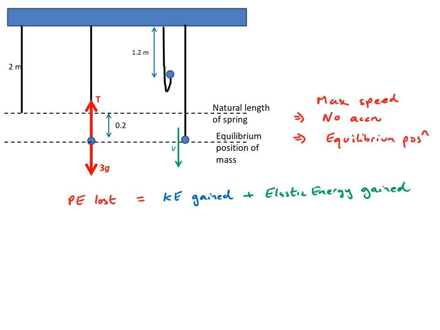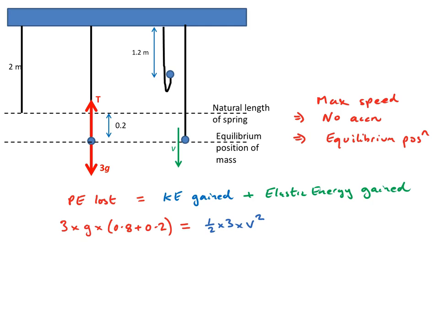So we've got the KE gained together with the elastic energy gained. The potential energy that we've lost is mgh, so that is 3, the mass of the particle, times g, times the 1 meter that the particle has fallen through. The kinetic energy gained is a half mv squared, so that's a half times 3 times v squared. And the elastic energy gained, well, the extension of the spring in its equilibrium position is 0.2 meters.